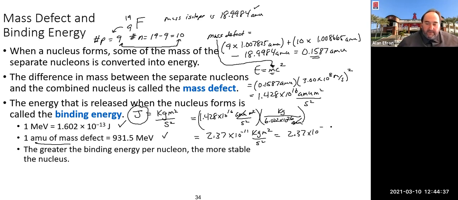Now, oftentimes when we talk about binding energy, we give the binding energy in joules per nucleon. So if we divide this by 19 nucleons, remember nucleons are basically the protons and the neutrons, this gives us a binding energy of 1.25 times 10 to the minus 12 as our binding energy per nucleon.